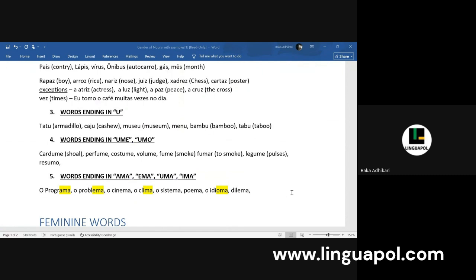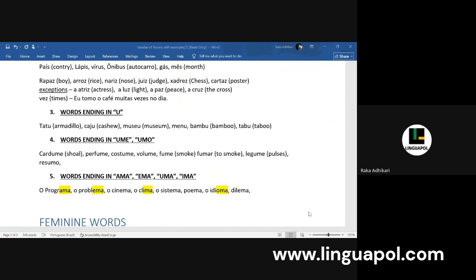They think that programa is feminine. But you have to be very careful that programa, problema, cinema, sistema, all these words are masculine words because they are ending with either ama, ema, ima, uma. So all these endings are masculine. So these are all the masculine endings that we saw.